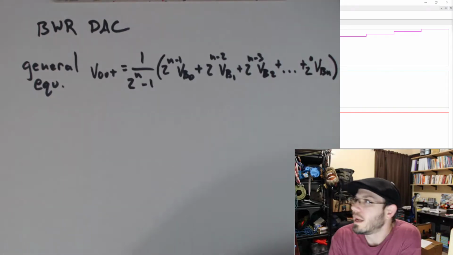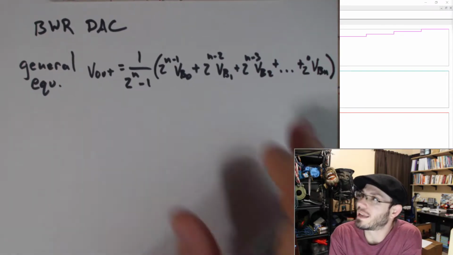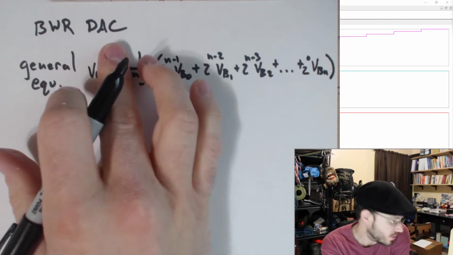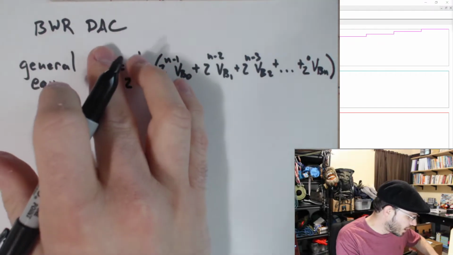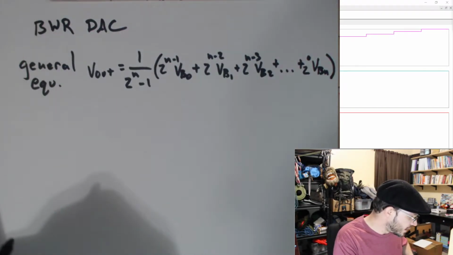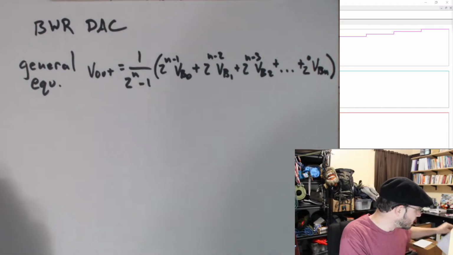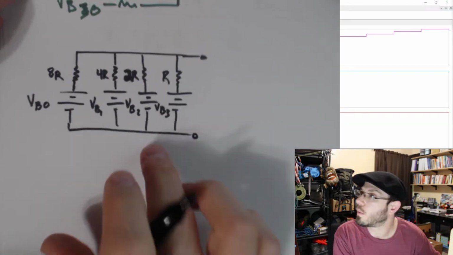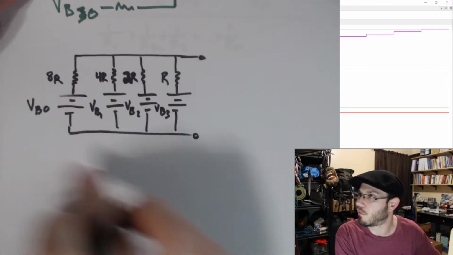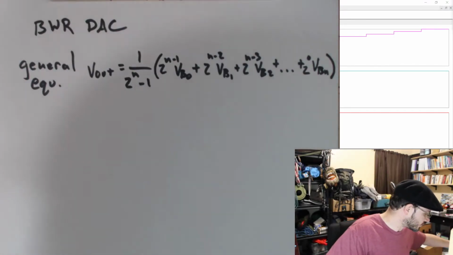Okay, so here's what you end up getting for a generalized equation for the binary weighted resistor DAC, given that you've solved it using Millman's theorem, where we converted it into a form like this.